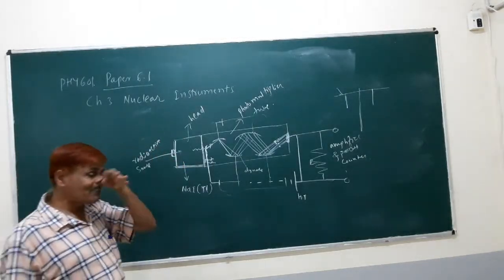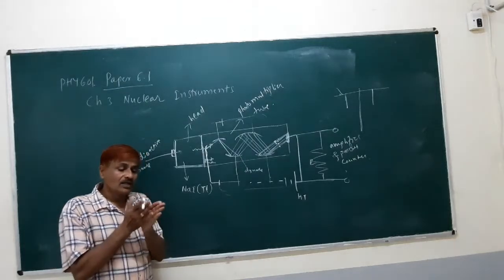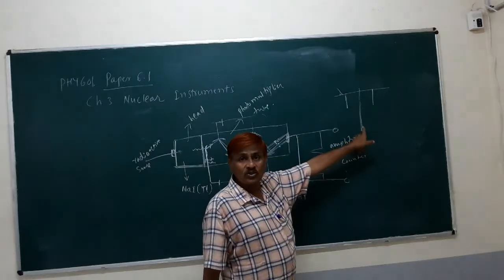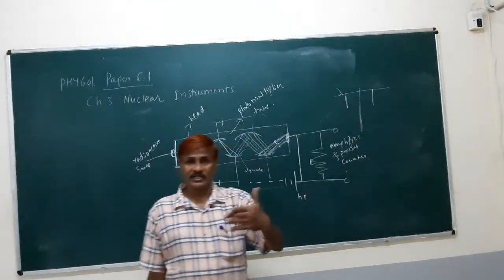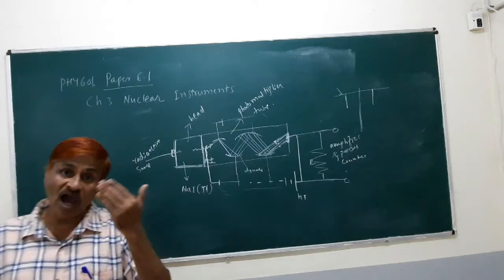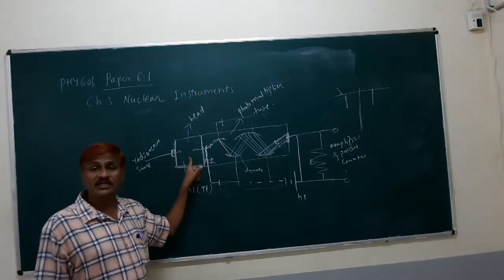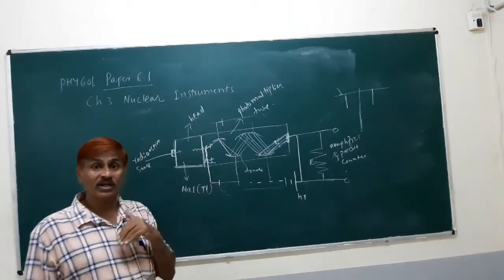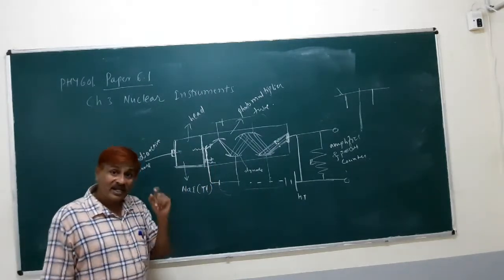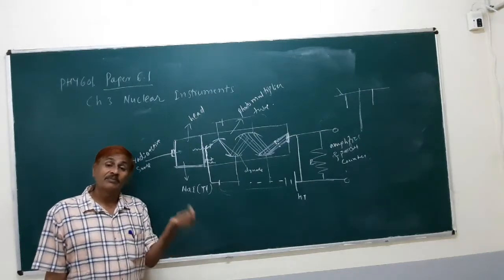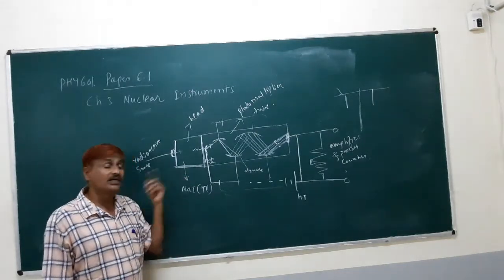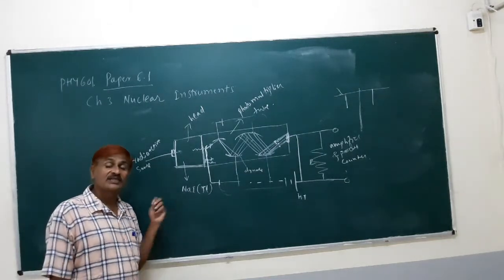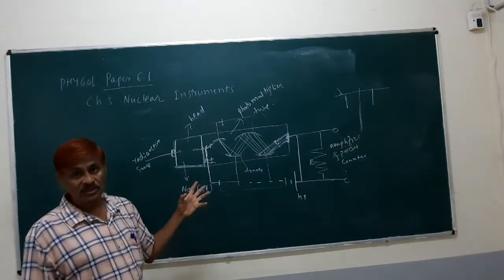The particles are emitted with different energies, right? Depending upon the energy of the particle, the pulse height varies. So this height can be calibrated to record the energy of the incident radiation. So it is advantageous over the Geiger-Müller counter, where we do not get any idea of the energy of the particle emitted from the radioactive source. But here we can get the energy of the particle emitted from the source. That is the advantage of the scintillation counter.